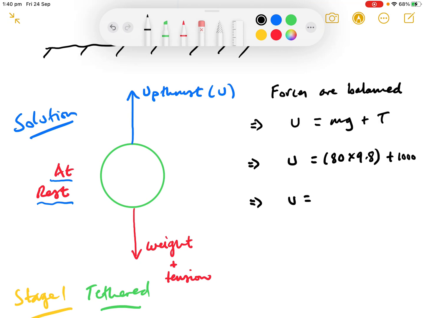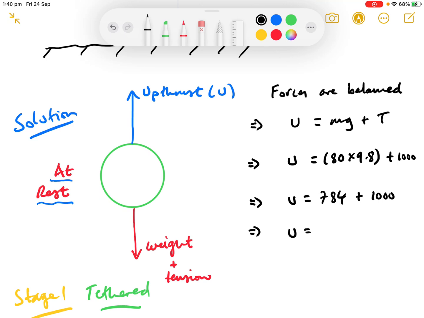So that means the upthrust then is 80 times 9.8, 784 plus 1,000.